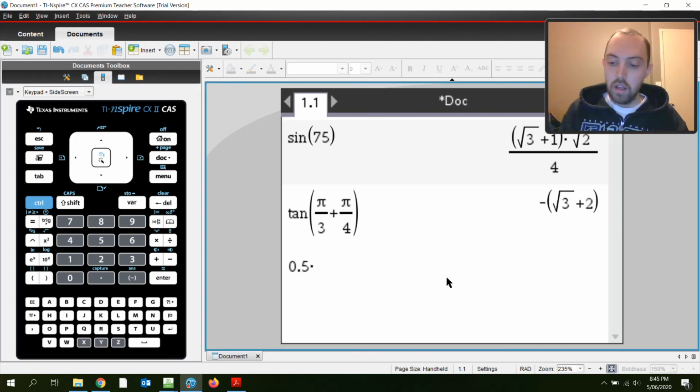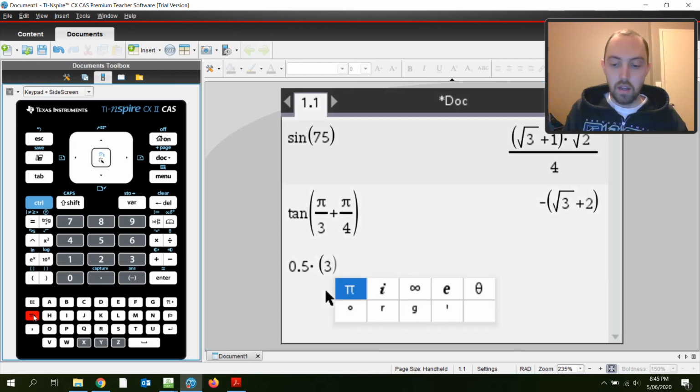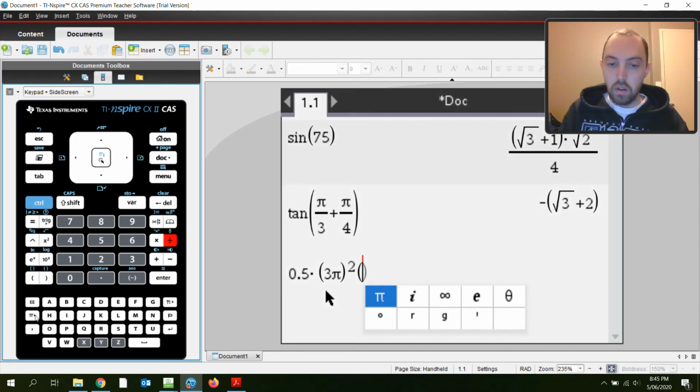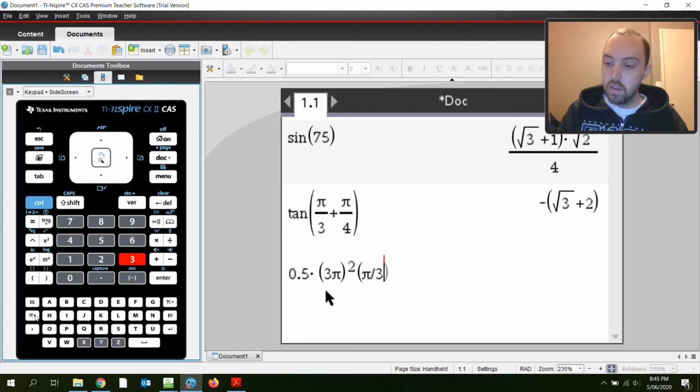Times by 3 pi all squared, so 9 pi squared if you are expanding that yourself, pi on 3, take sine of pi on 3.